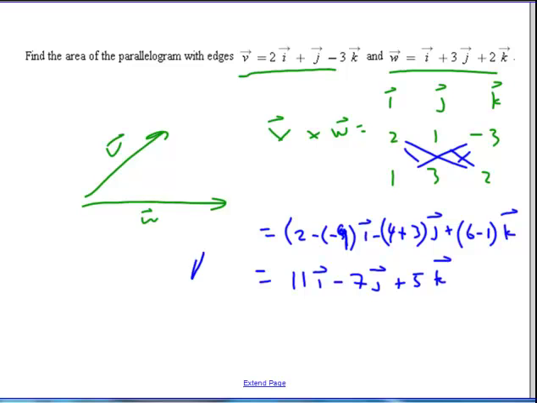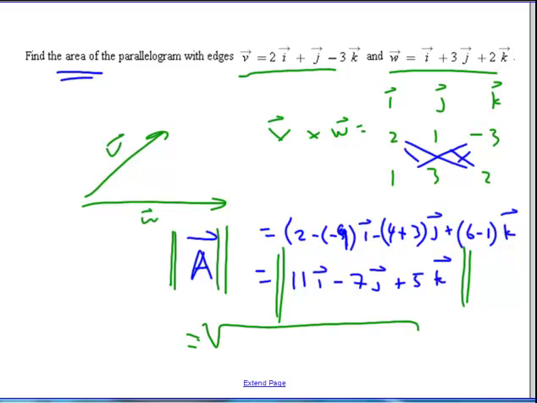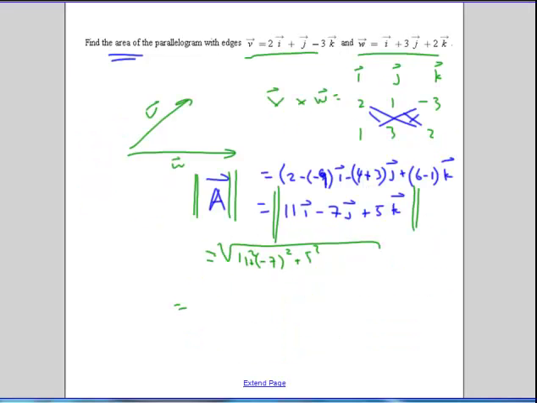And this is our area vector. But if I want to just know what the area is, the magnitude, so the magnitude of this area is the magnitude of this vector, which equals the square root of 11 squared plus negative 7 squared plus 5 squared, which is 121 plus 49 plus 25.